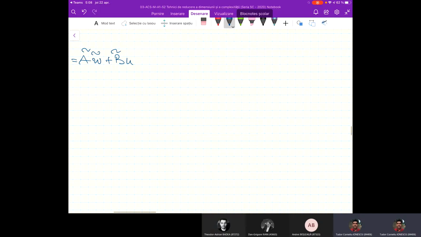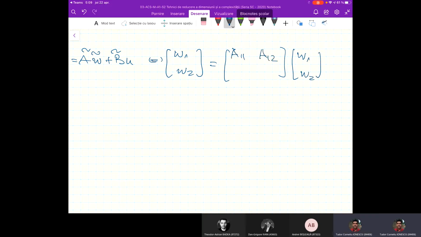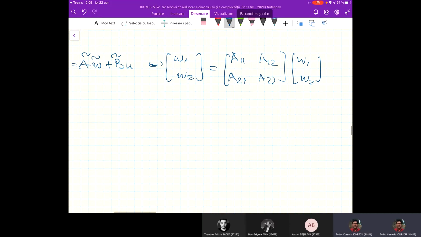This is equivalent. So you say W1, W2. Now you need to partition A tilde such that you get W1, W2, and this is A11, A12, A21, A22.